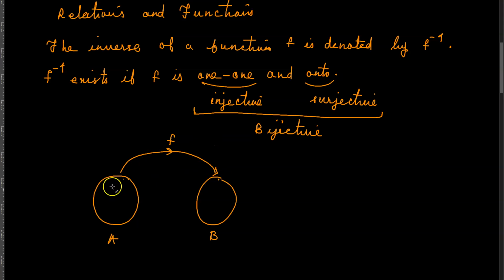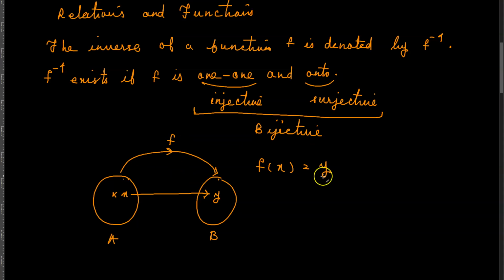And what it does is that, for example, if there is an x over here, then there is some y over here, and x is mapped to y under f, and we technically say that f of x is equal to y. That means that y is the image of x under f, or you can say that x is the pre-image of y under f.